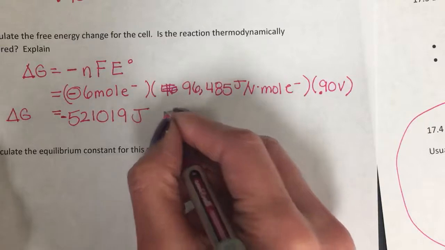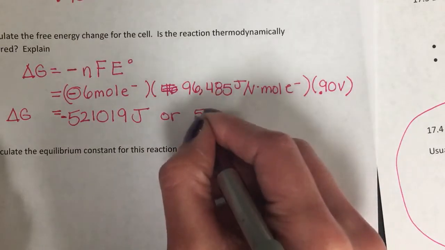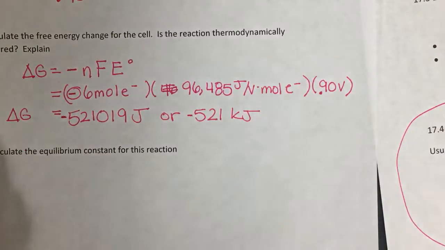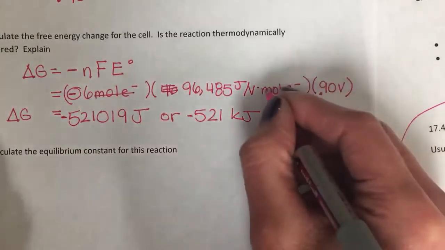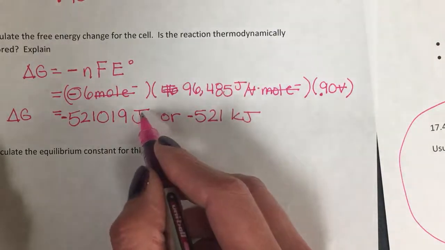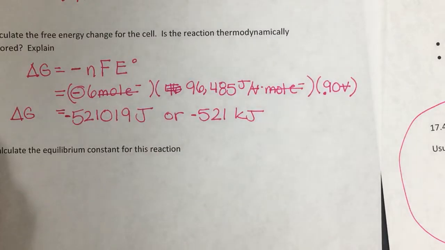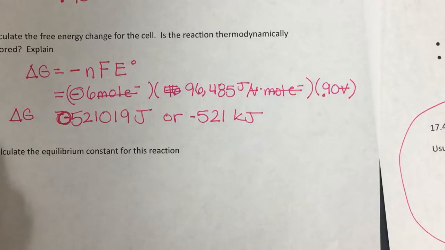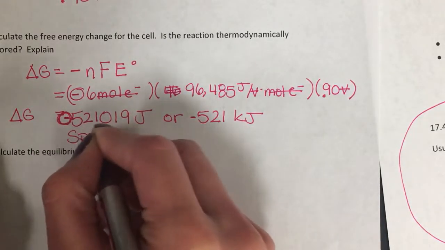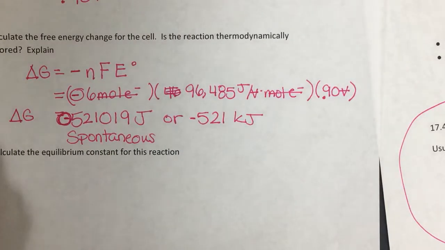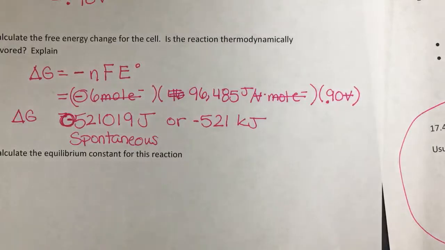Or I can say negative 521 kilojoules. My moles of electrons are going to cancel out. My volts are going to cancel out. I'm left with joules. Now, because this is a negative delta G, I know that my reaction is spontaneous as written.